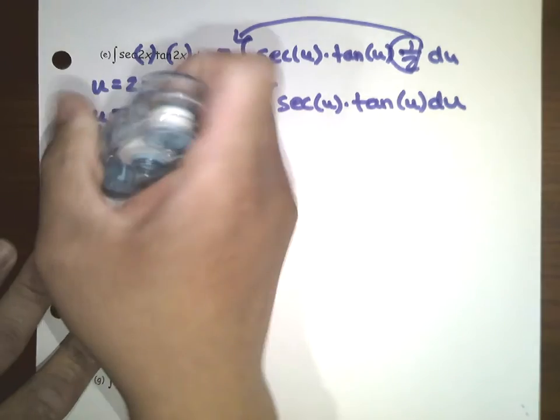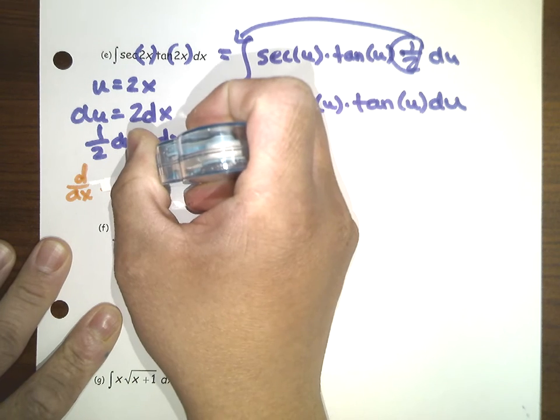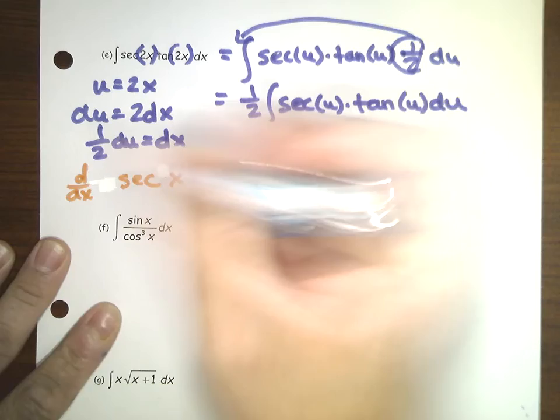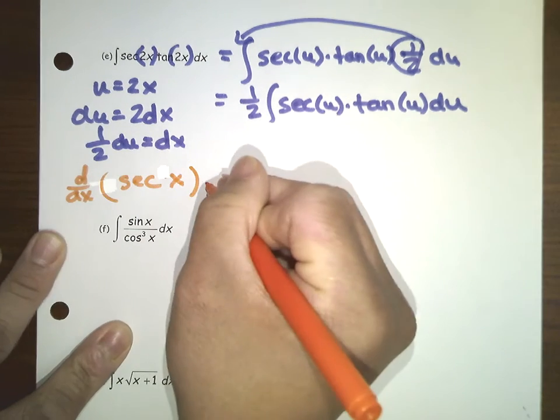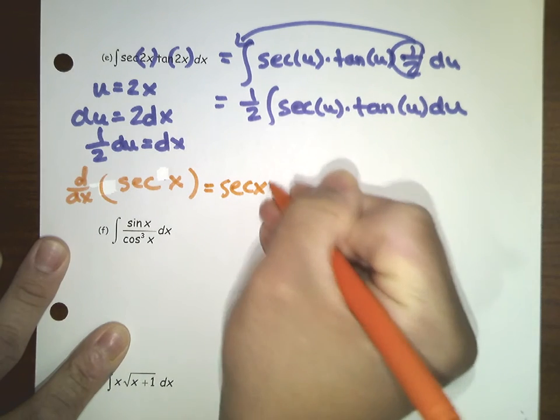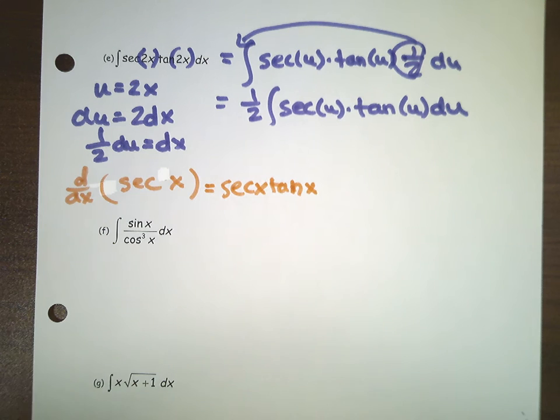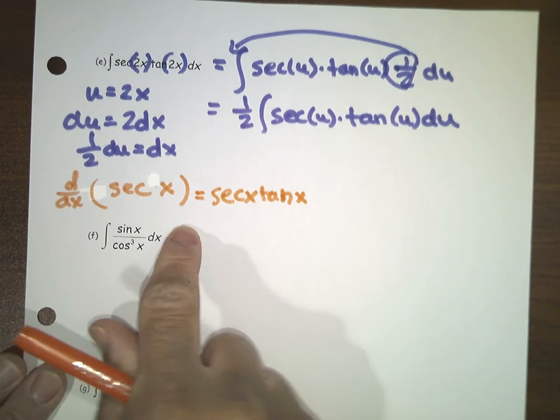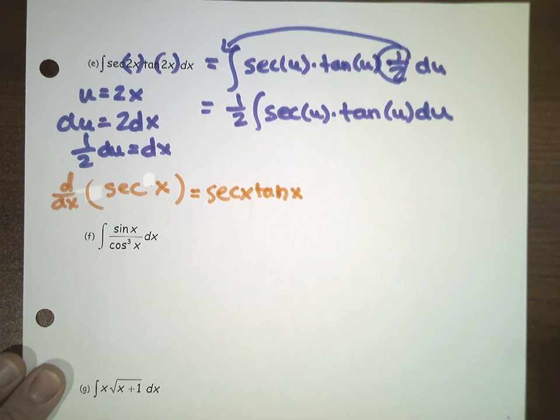All right, so the derivative with respect to x of, say, the secant of x, not secant squared, would be secant of x tangent of x. So that means that these are antiderivatives of each other.